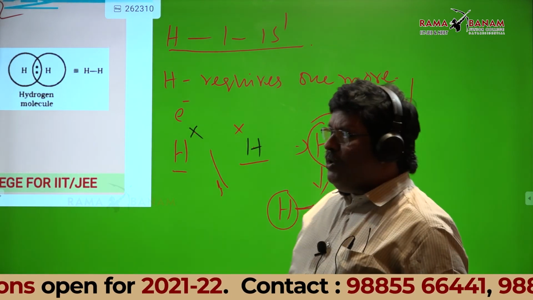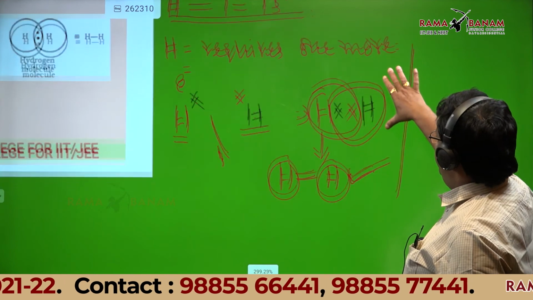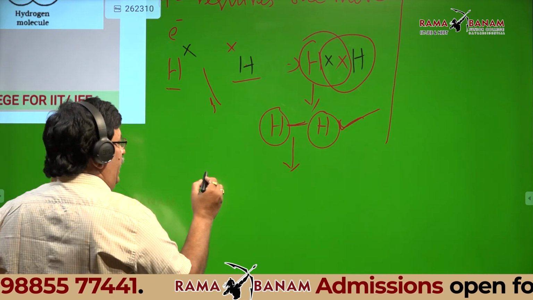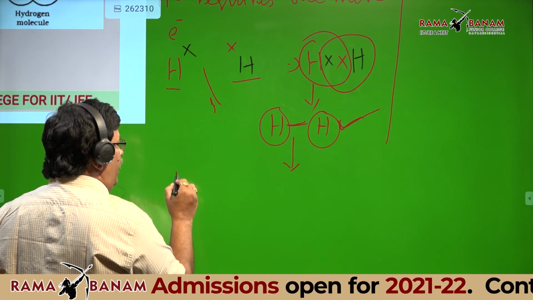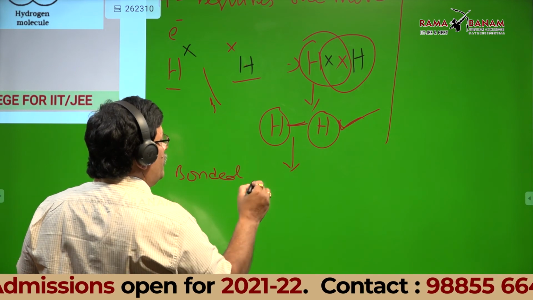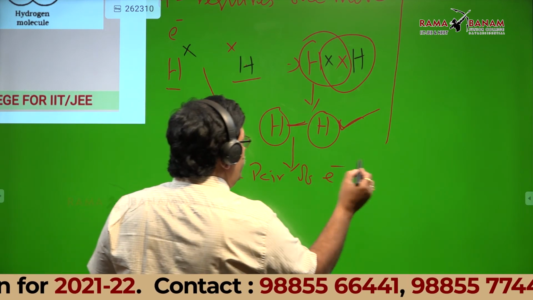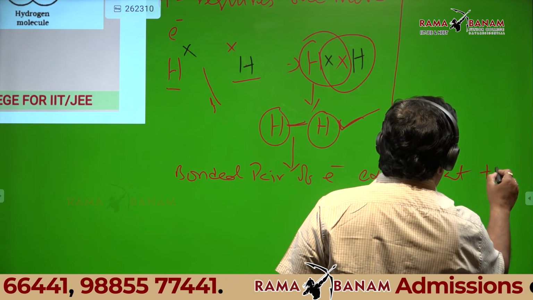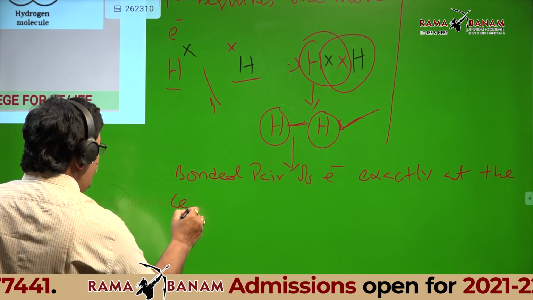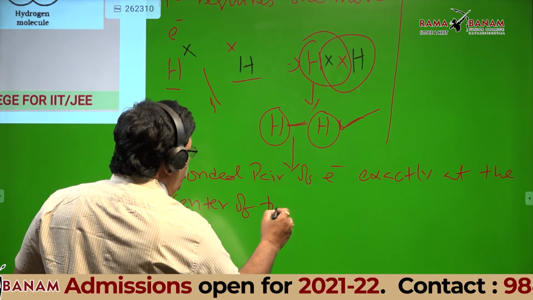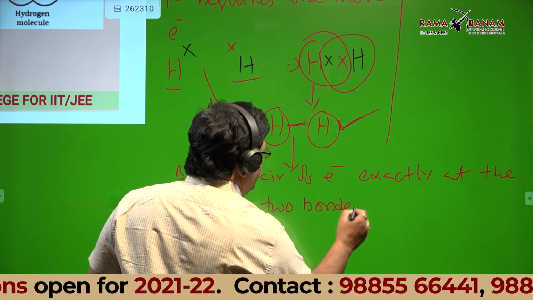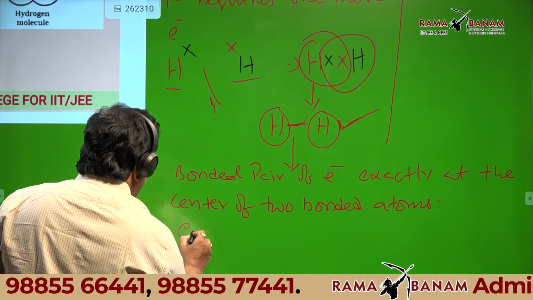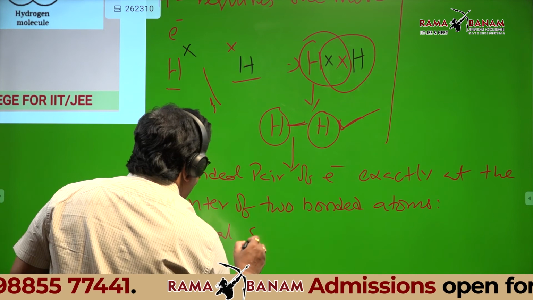Is my board visible? Visible, sir. Yeah, right. This bonded pair of electrons exactly at the center of the two bonded atoms, write this point, that's what is called equal sharing.